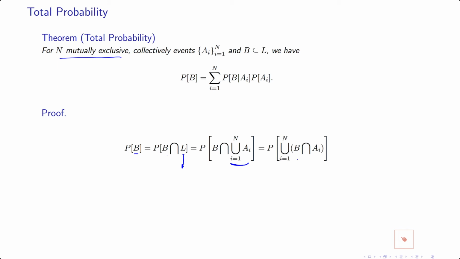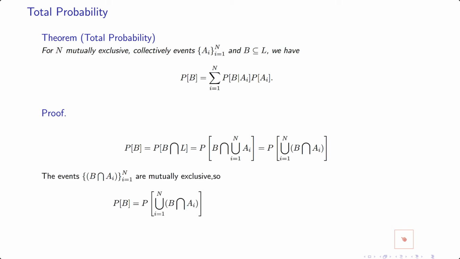And because now these are disjoint, the probability of the union of disjoint sets is equal to the sum of their probabilities, because their intersection is empty. And therefore this will become equal to the sum of these, and for this one you can use the property of conditional probability, and the proof is complete. So this theorem is called the total probability theorem.